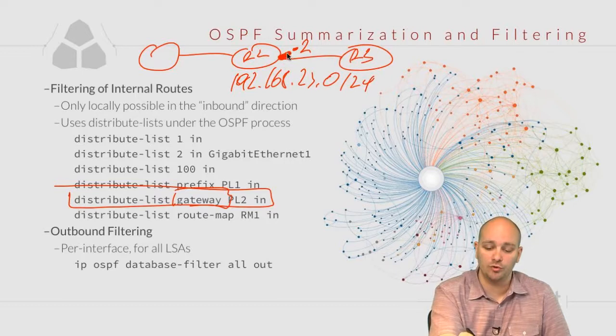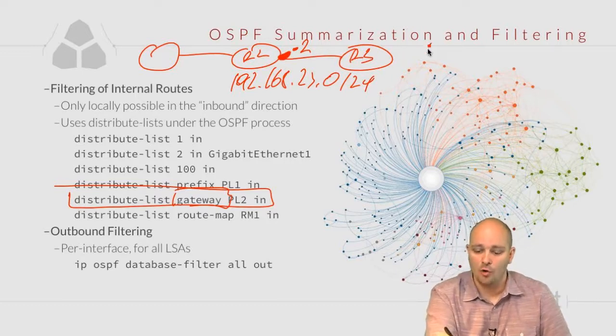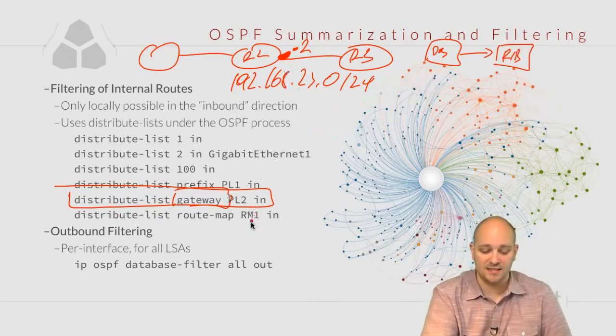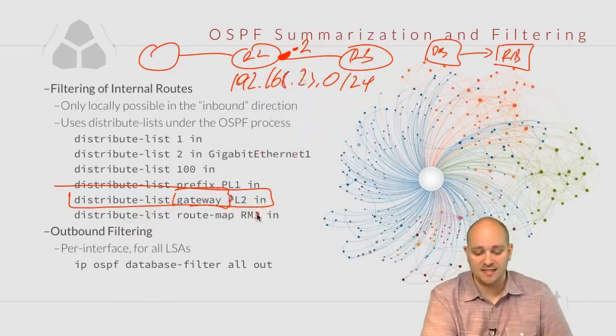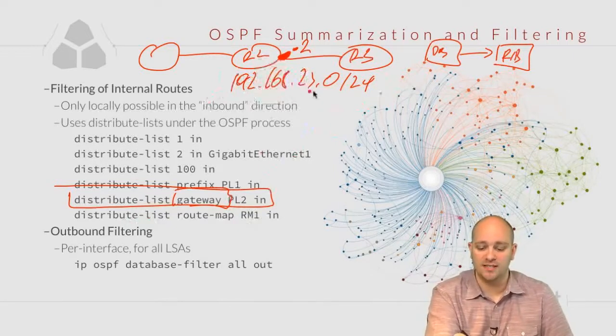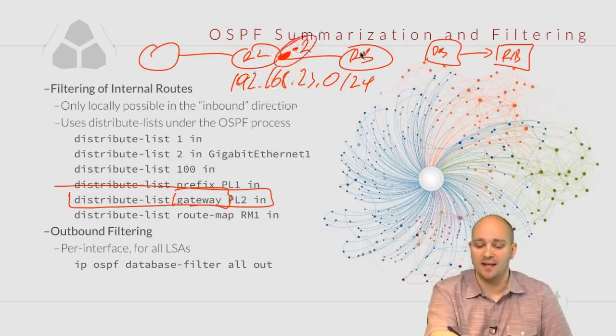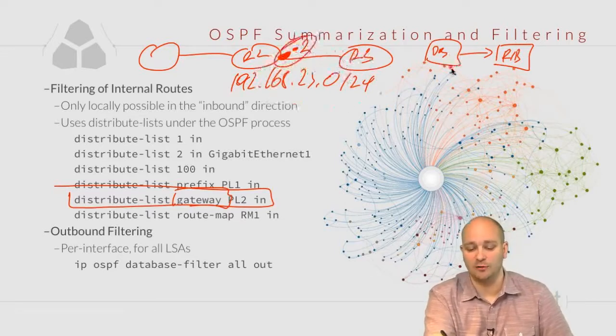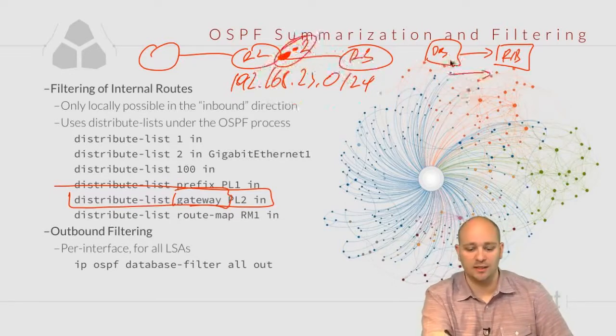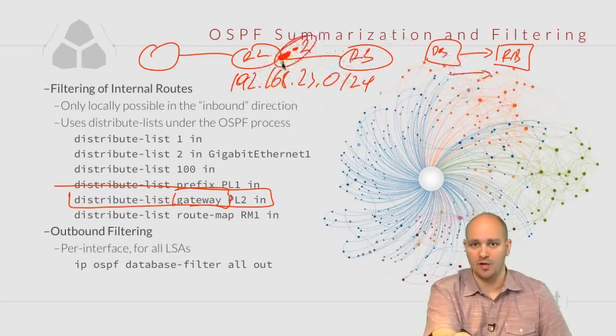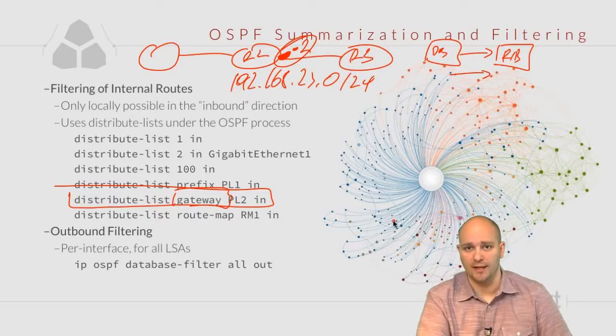If I wanted to filter all the routes that have this as the next hop on R3 between the database and the routing table, I would say IP prefix list PL2 deny 192.168.23.2/32, which would match this IP address here, and that would mean that all the prefixes that would be installed in the routing table with this as the next hop by the OSPF process would actually be denied.